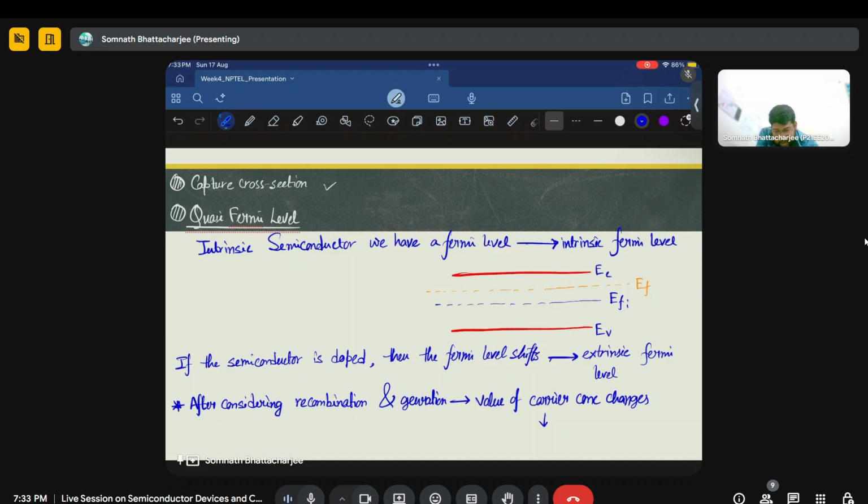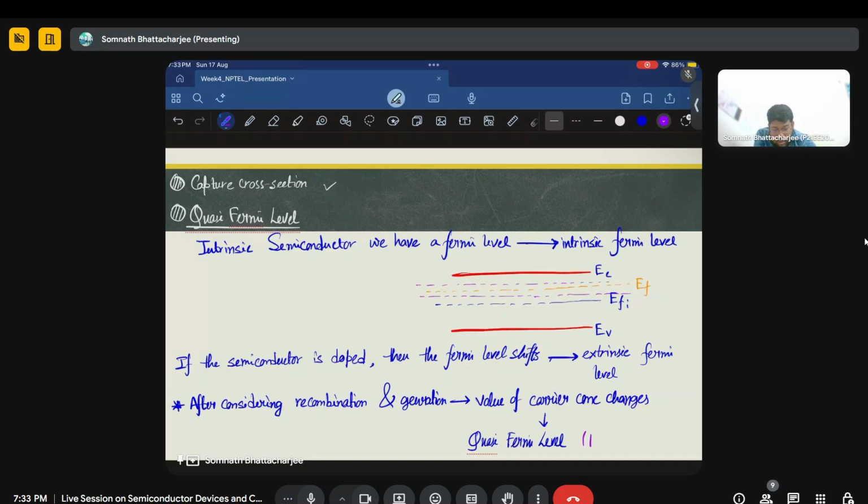So we can call them quasi Fermi levels. Up until now we had a single intrinsic Fermi level, but based on this phenomenon of recombination and generation, we would have two different Fermi levels.